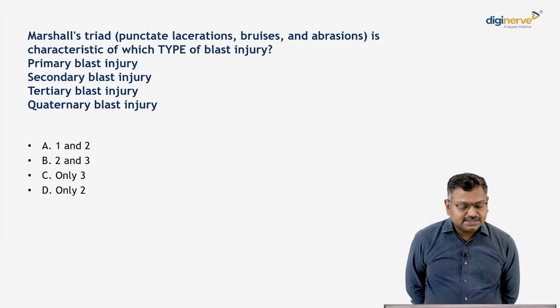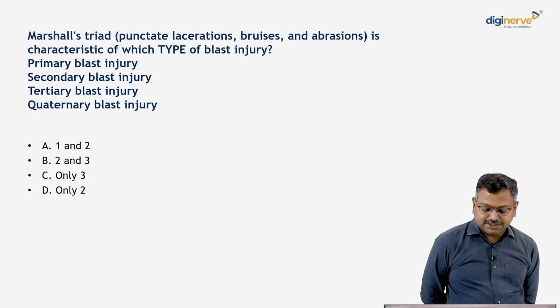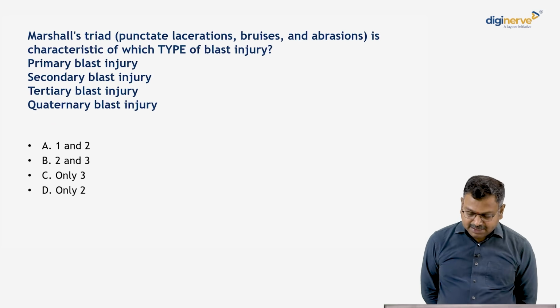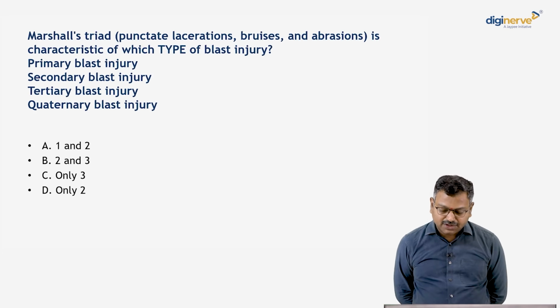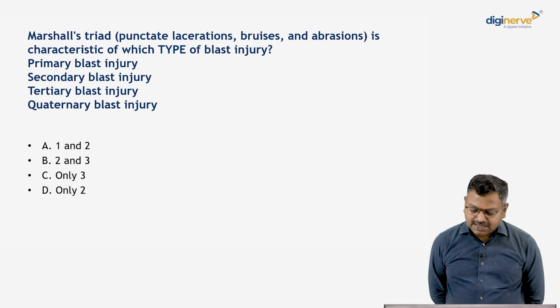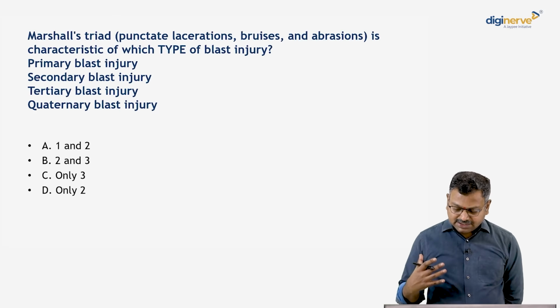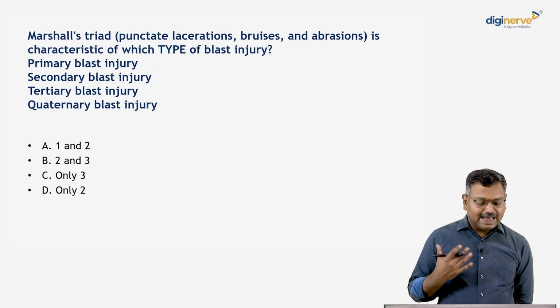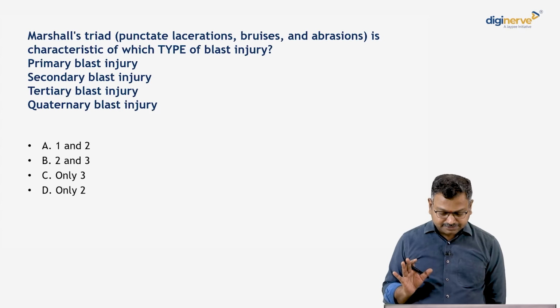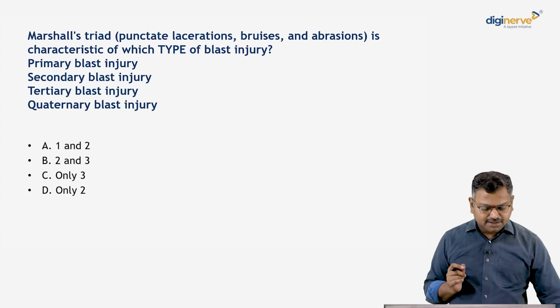Now, Marshall's triad, that is punctate laceration, bruises and abrasion, is characteristic of which type of injury? Primary blast injury, secondary blast injury, tertiary blast injury, or quaternary. Now, the primary blast injury means the blast injury presents with internal and absence of external injury. That is what you have to remember.